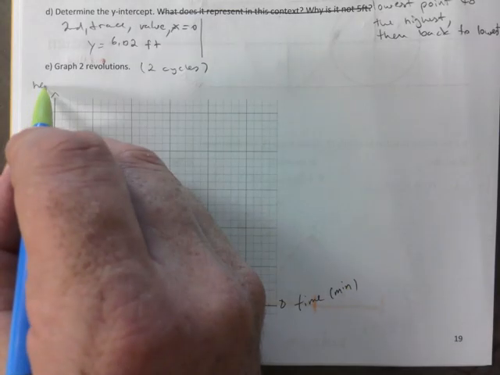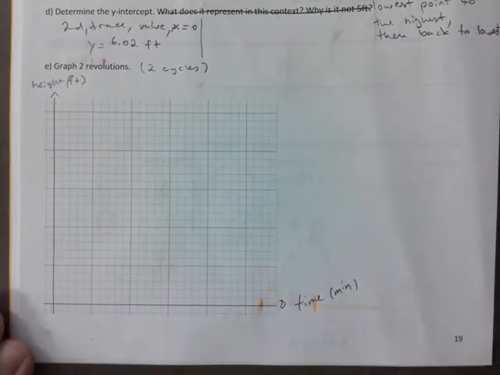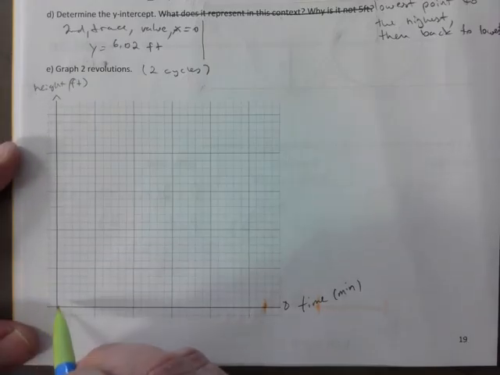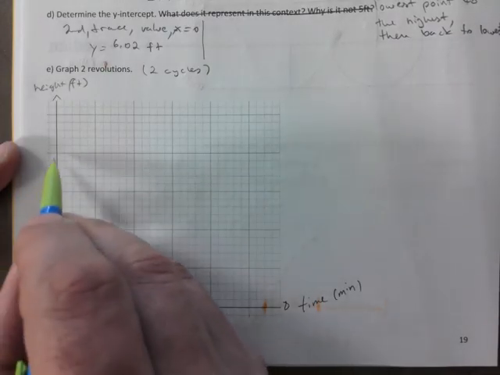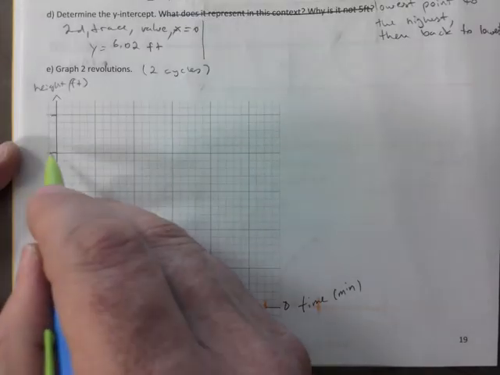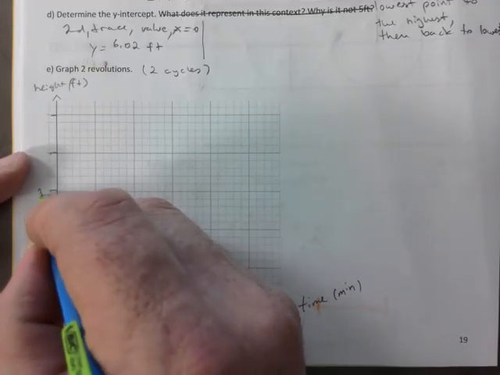This should be height in feet. And use the numbers you already have. I have 5 as my lowest. I'm going to see if this works out. 5, 10, 15. No, it's not going to work out. I know that already. 10, 20, 30, 40, 50. I'm going to have to go up by 10 to make this work.